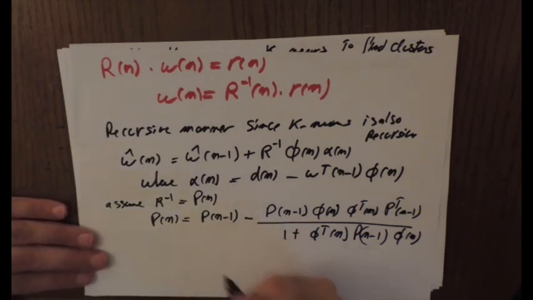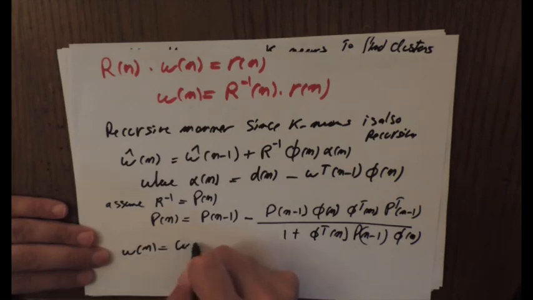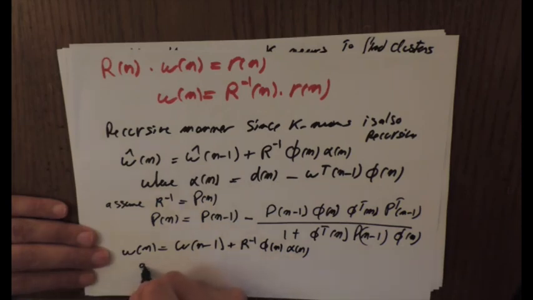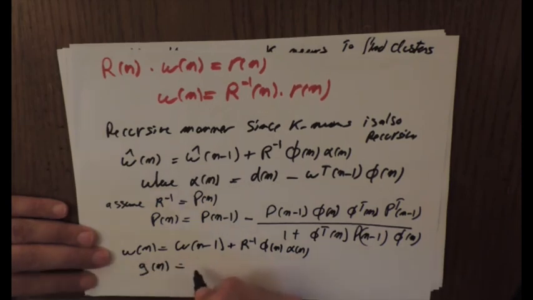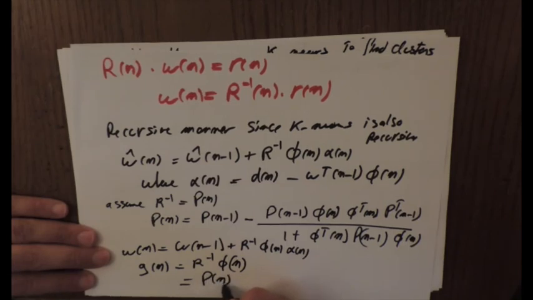And now we say that W of n is equal to W of n minus 1 plus, as we said before, R minus 1 phi of n alpha n, and we can say G of n is equal to R minus 1 phi of n, and this will be equal to P of n phi of n.